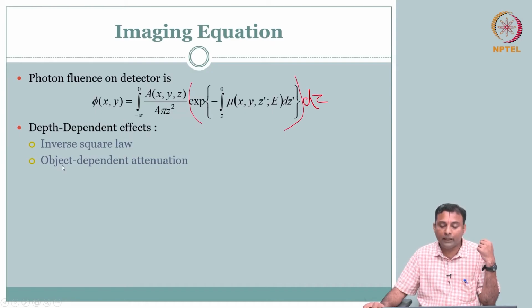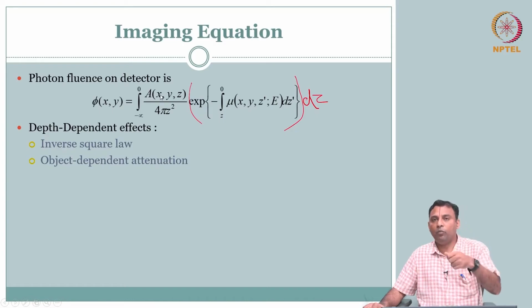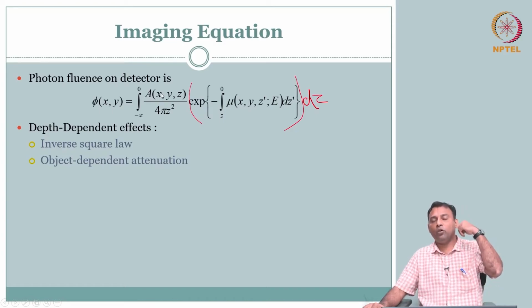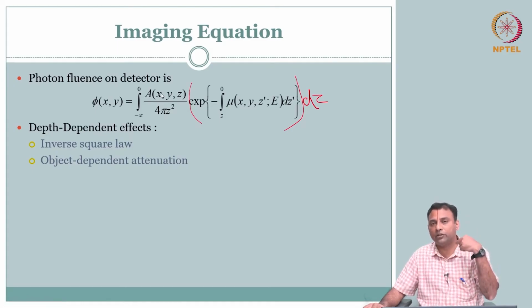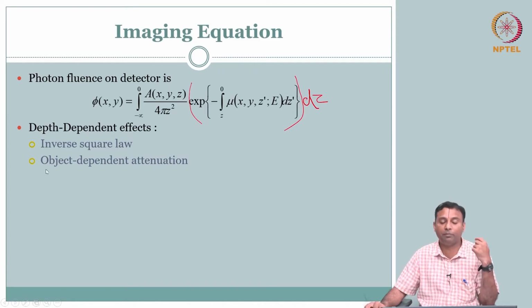But you have object dependent attenuation mu, and therefore it matters whether the source is more inside the body or closer to the path the photons should travel. Mu is a function of the object. So these two contribute to depth dependent effects.